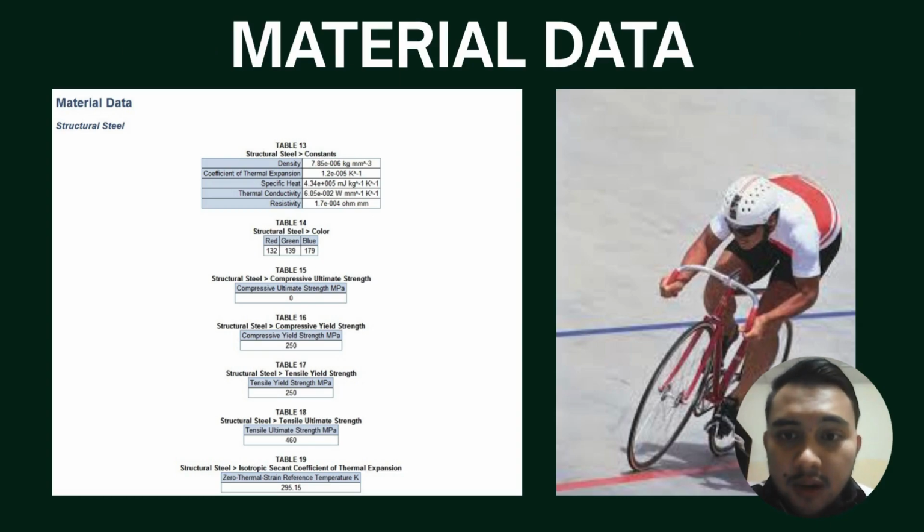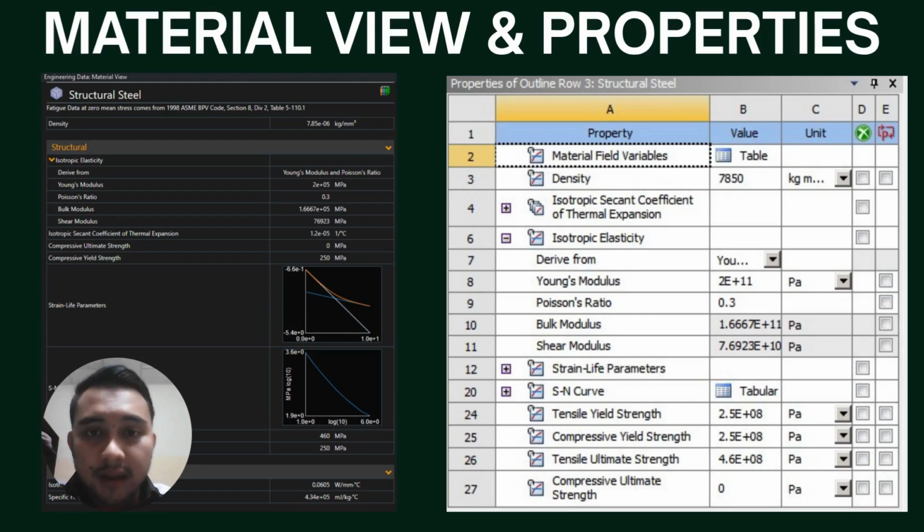Okay, now we are going to explain about the material data. For the material that we use for our bicycle, we are using structural steel, which is mild steel. Here are the properties for the structural steel.